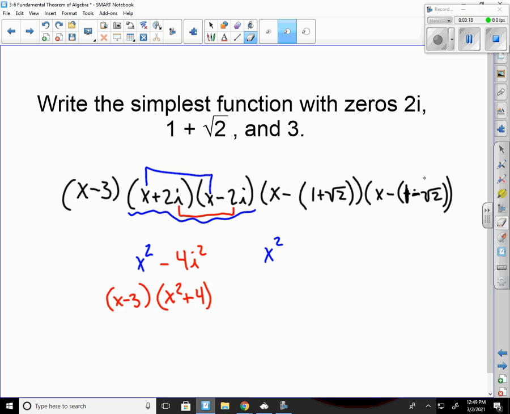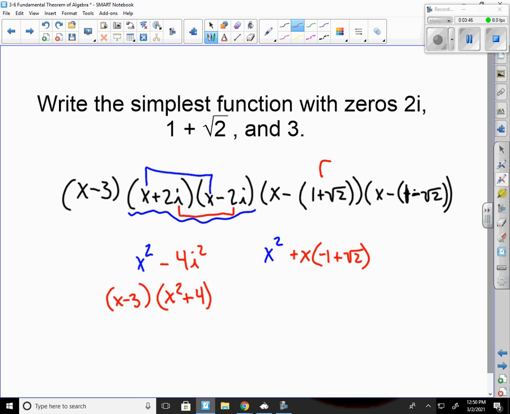That's going to be negative 1 plus the square root of 2 times x. So I'll just do plus x times negative 1 plus the square root of 2. And the reason it's a plus is because I have to distribute this negative to the negative 1 and to the negative square root of 2. So that turns that into a plus.